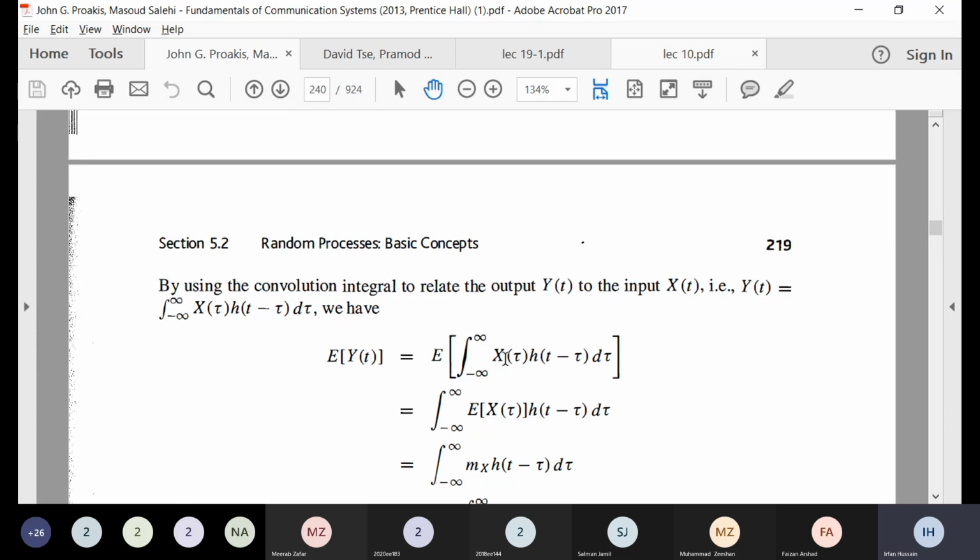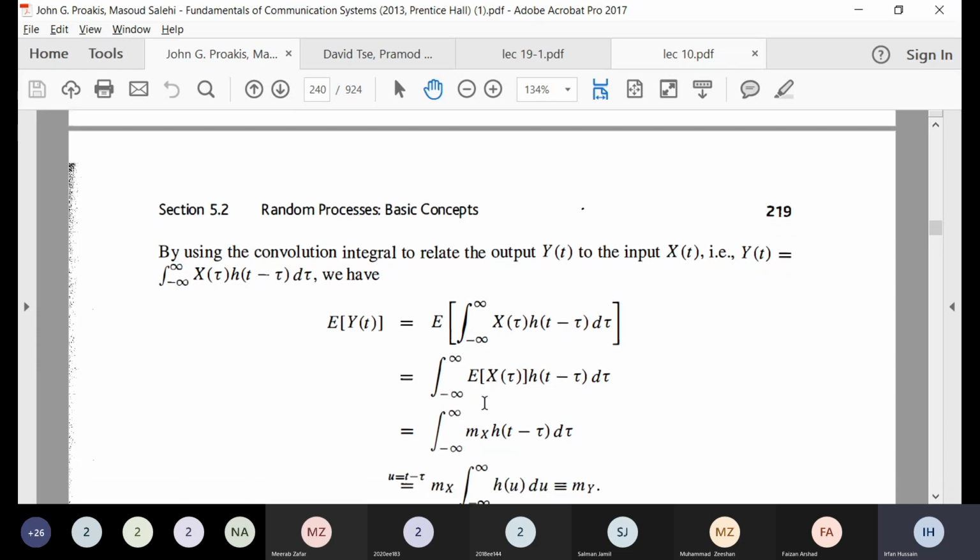not let it pass through. It will be E of x of tau. But we know what E of x of tau is. It is a random process, and we are finding its mean. Its mean will be equal to whatever the mean of that signal is.